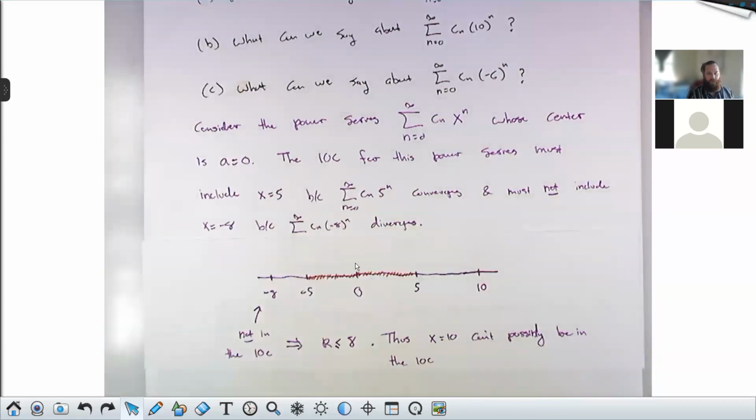Because if 10 was in the interval of convergence, it would have to stretch at least out to here, which would mean it would have to stretch at least out to here. And I know that that's not the case.